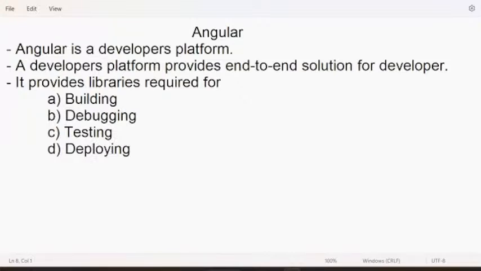It will provide libraries for every purpose, for building, for debugging, for testing, for deploying, everything. So technically, if anybody asks what is Angular, it is better to say a developer's platform.